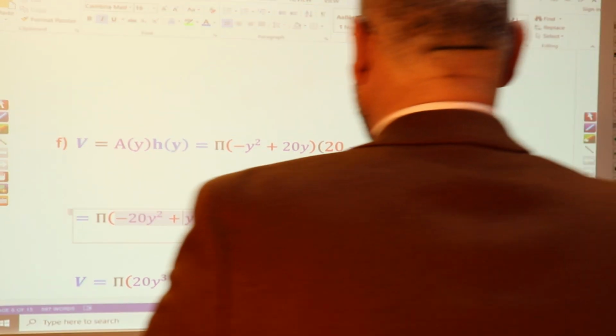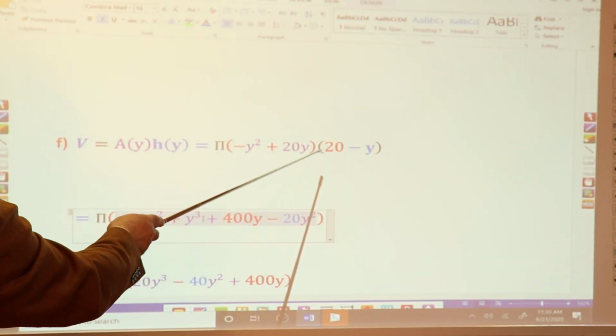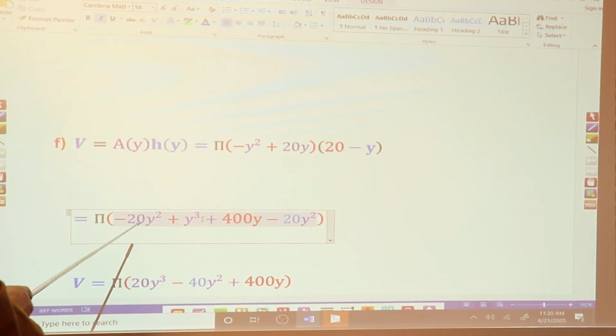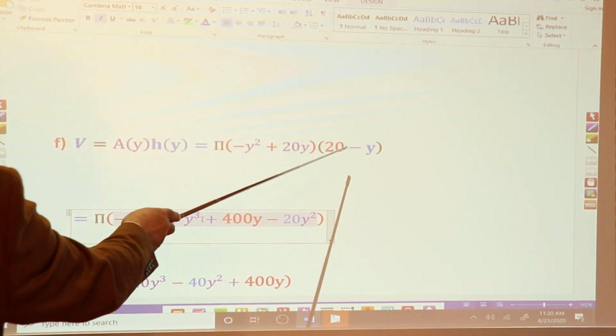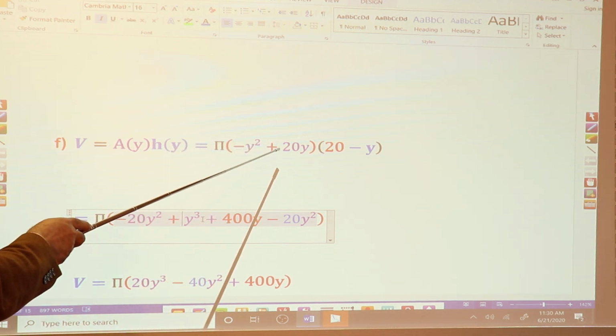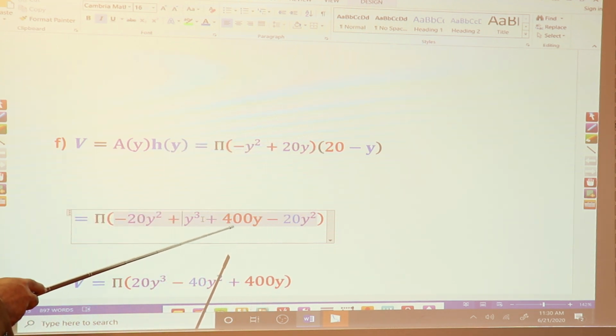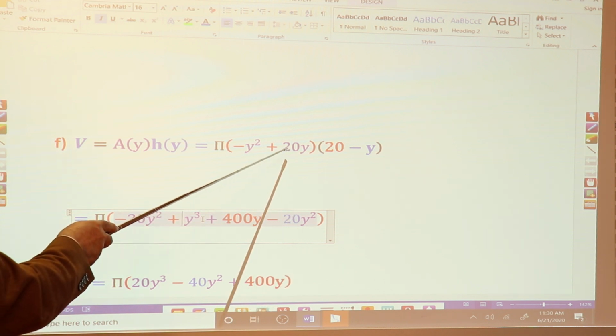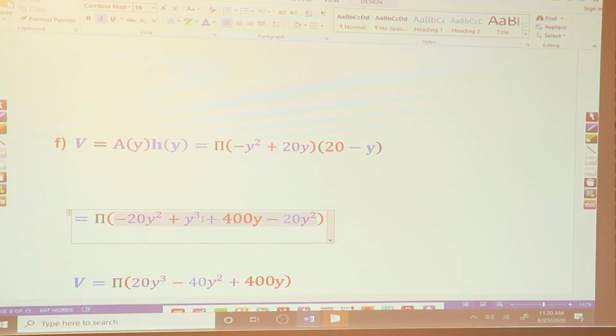Negative y times 20, negative 20y squared, right? Negative times negative is positive, y cubed. Now go to this one, 20y times 20 is 400y, minus 20y squared. Good.